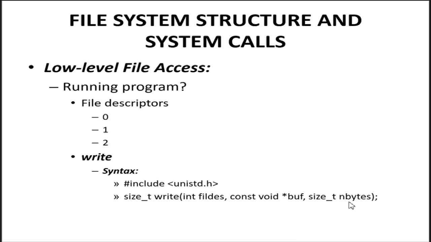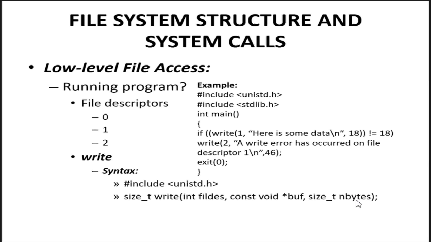The write call returns the number of bytes actually written, which may be less than n bytes if there has been an error in the file descriptor. So that is the syntax of the write system call.